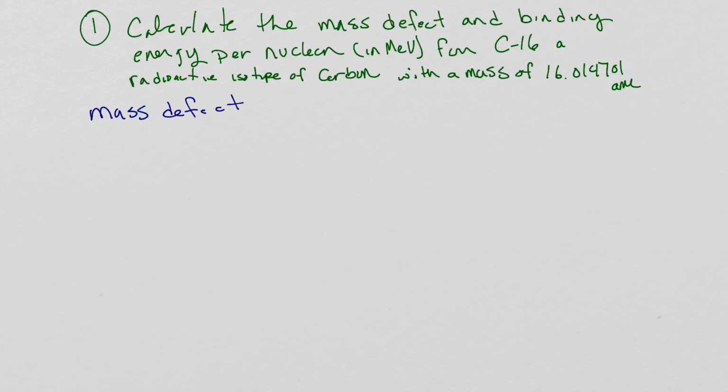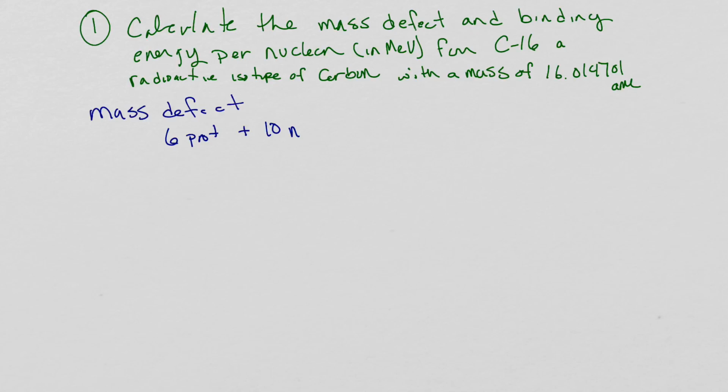We know the mass of the nucleus, so now we need to compute the mass of the individual particles that are in it. Carbon-16 would be made up of 6 protons and 10 neutrons.